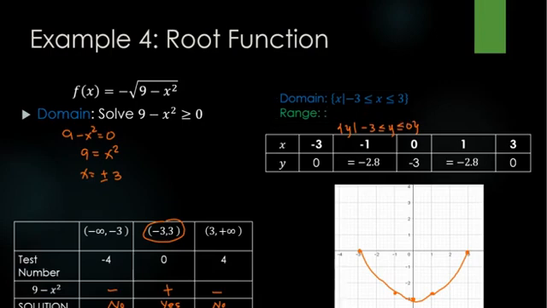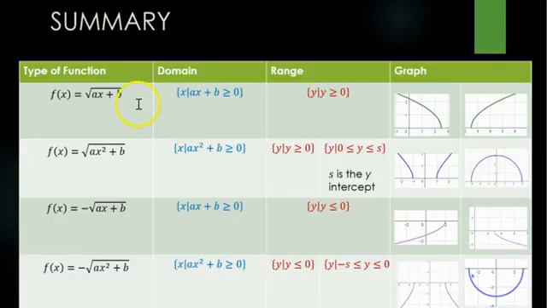Okay. Now this is the summary. When it's linear, your domain would just be the solution of this linear inequality. So the graph is either this, and then when it's quadratic, it's either half of a hyperbola or a circle.